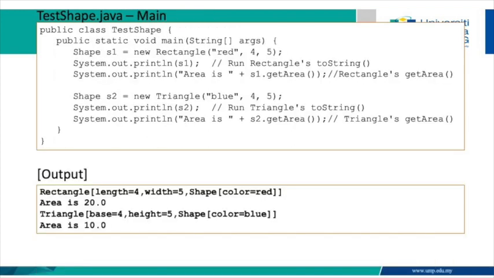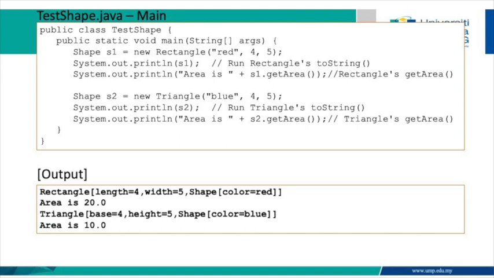And this is the code for the main class, where we are trying to print out the area, and then the area and color, all the information for both rectangle and triangle. You can see in this main class where we get the area.